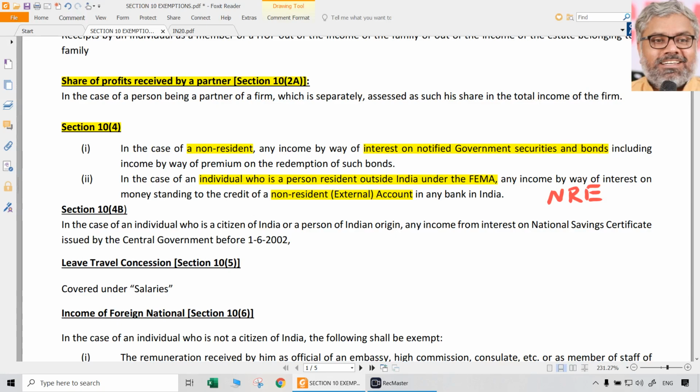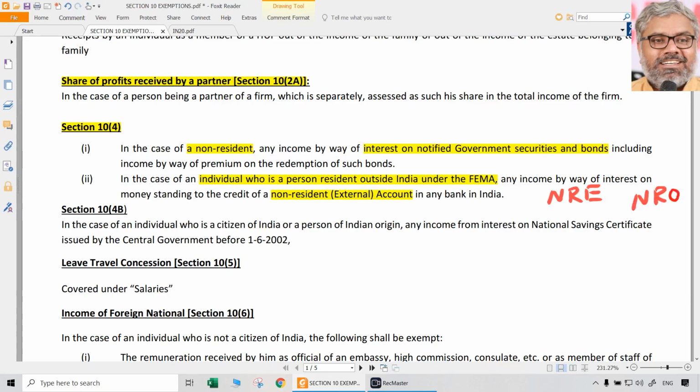He can send money to that NRE account, and maybe his family members can withdraw money from that account if he gives them his ATM card. So it has a withdrawal facility anywhere in the world, but deposits cannot happen in India. Deposits should happen only from outside India. Those are NRE accounts. We don't need to know all that for tax purposes, but for general knowledge, the NRE account is different from the NRO account.